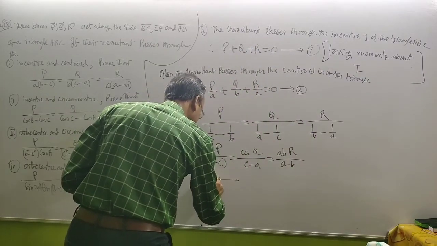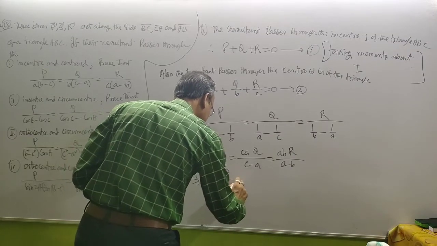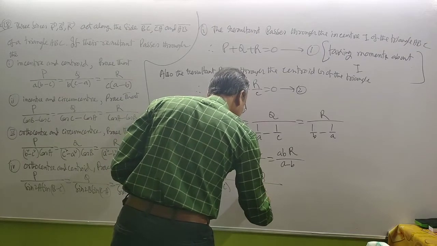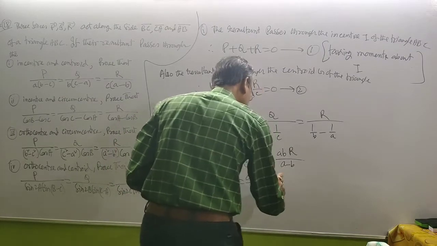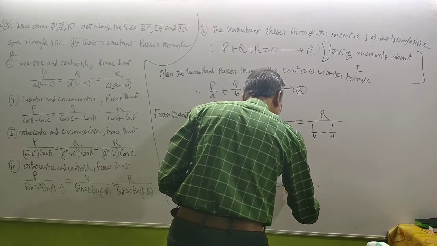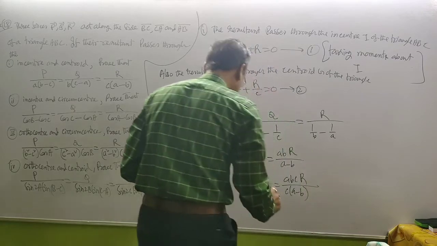This means ABC P (B minus C) equal to ABC Q (C minus A), equal to ABC R (A minus B).